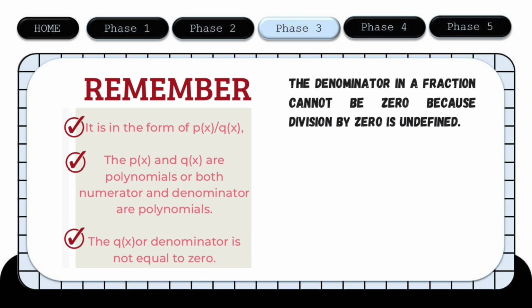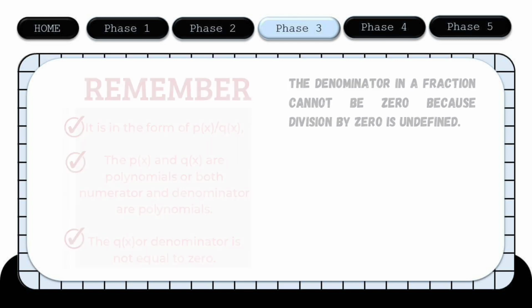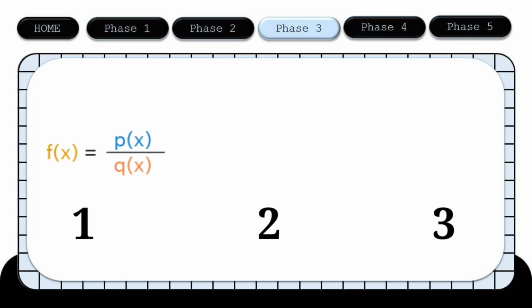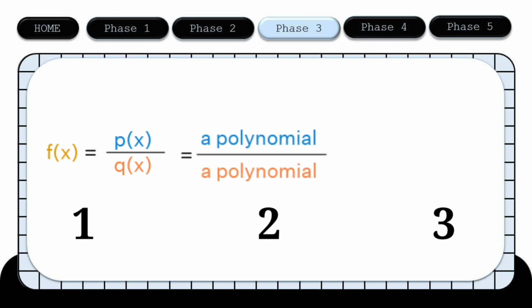The denominator in a fraction cannot be 0 because division by 0 is undefined. Again, yung tatlong bagay na dapat tandaan to determine a rational function. First, it's in the form of ratio. Second, both numerator and denominator are polynomials. Third, hindi 0 ang denominator.